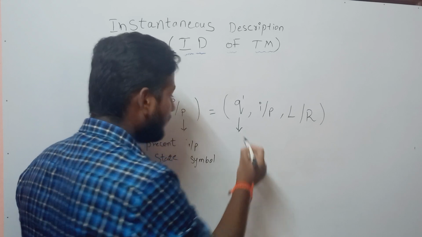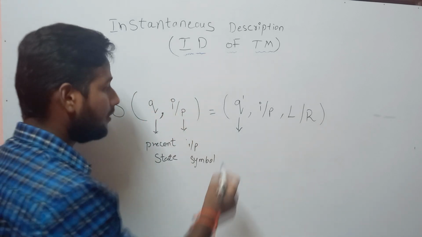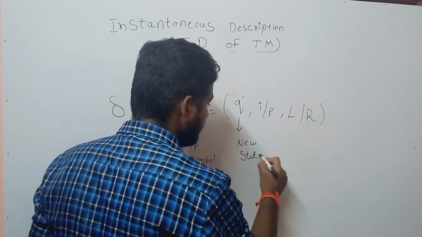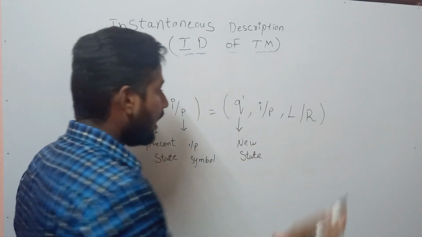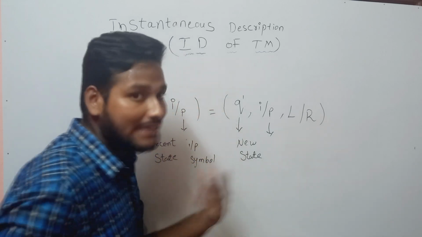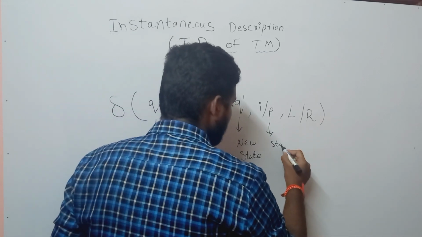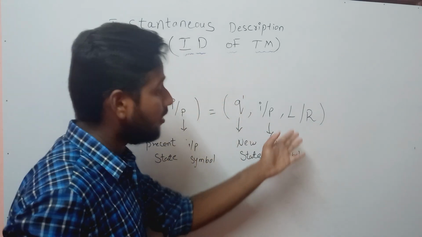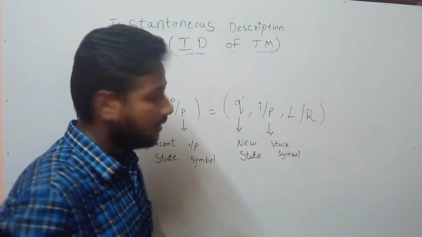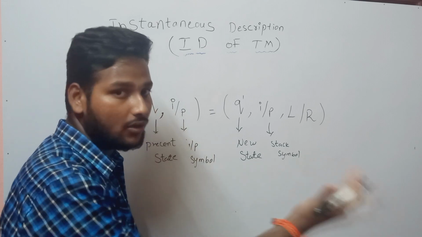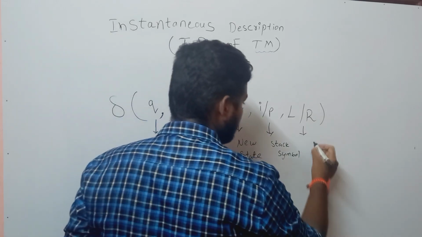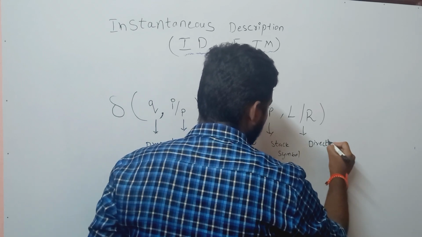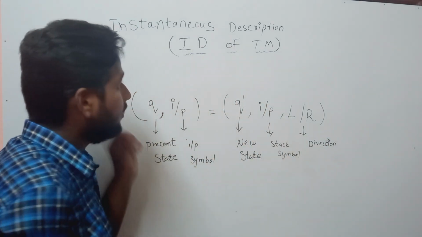After applying this input symbol, we get a new state, q dash, and we get the tape symbol, and the direction of the read write head, which can move to either left or right. This is the idea of the Turing machine.